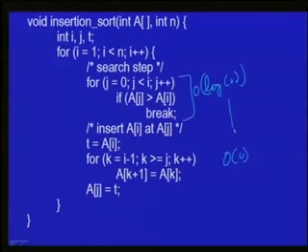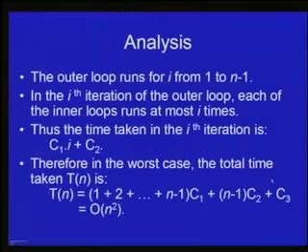But if you add these two up, that would still be order i. So the amount of time taken in the ith iteration would not really change in the order notation, and therefore the overall time taken would also not really change in the order notation, even though using binary search is of course slightly more efficient.